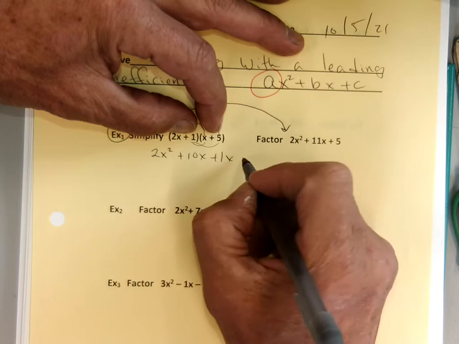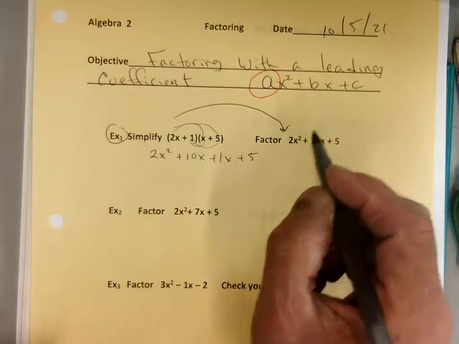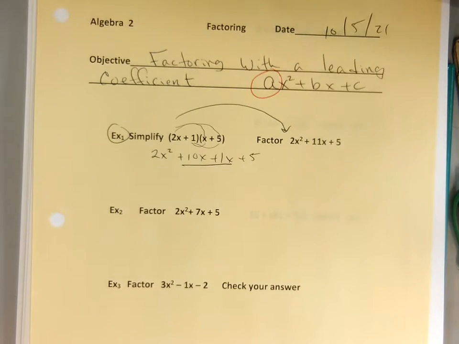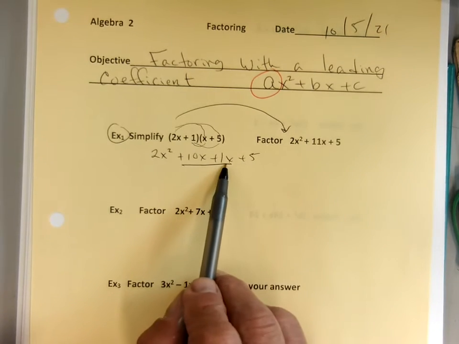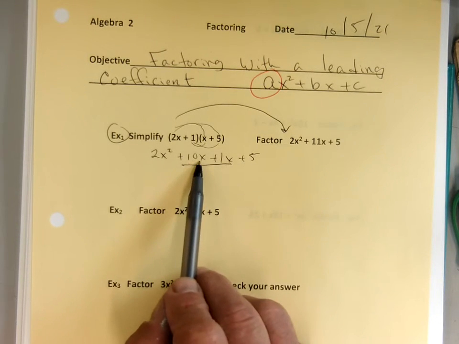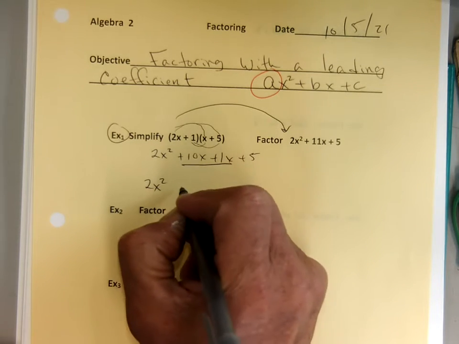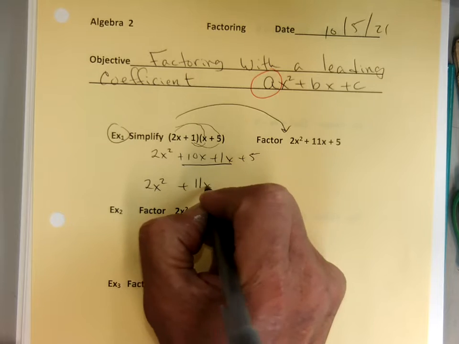And a 1 times a 5 is a 5. So all I'm doing on number 1 is just multiply. I'm doing the FOIL. I notice that the two middle terms are the same, so I'm going to add these. I've got a 10x and a 1x. So my answer would be a 2x squared plus an 11x plus a 5.